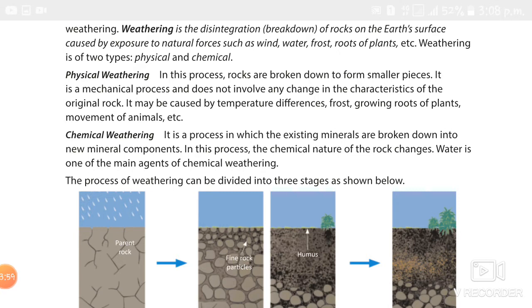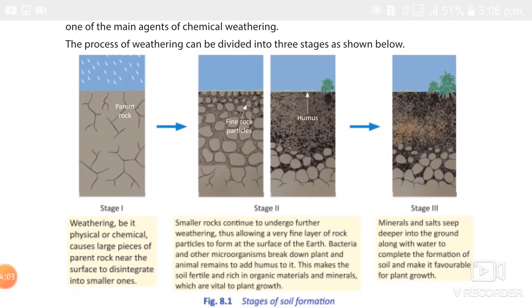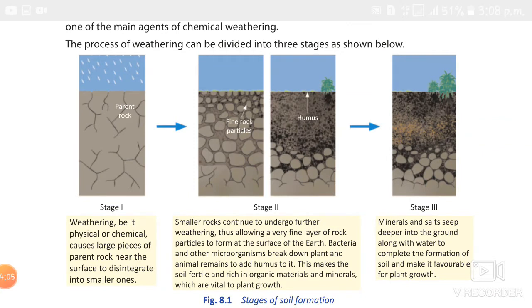In weathering we also studied three stages. In the first stage, the large pieces of the parent rock near the surface disintegrate into smaller ones. In the second stage, they break down into smaller and smaller pieces and add to the humus.